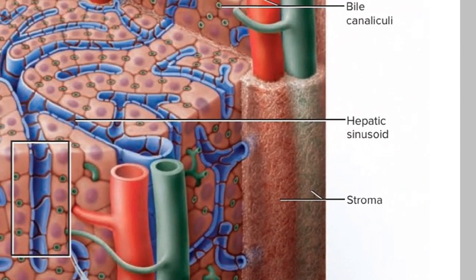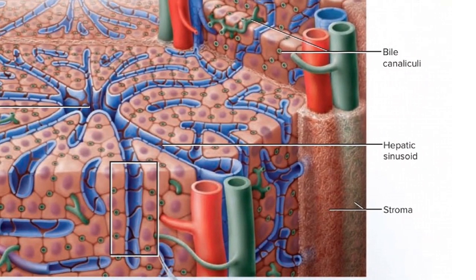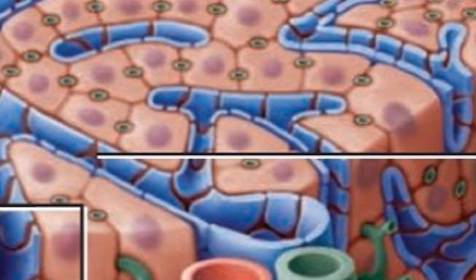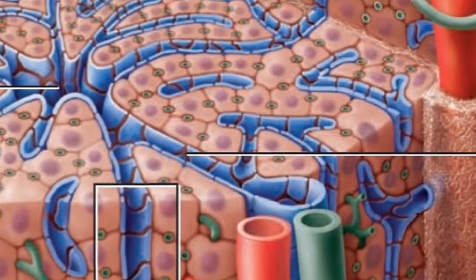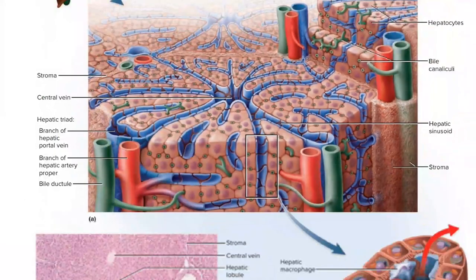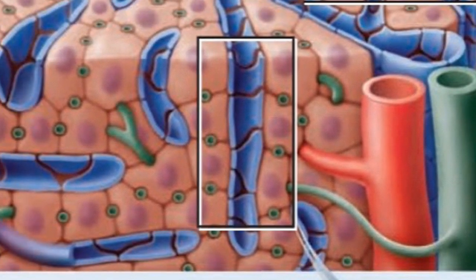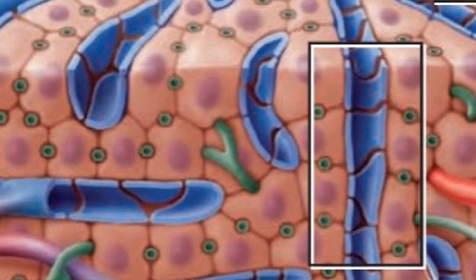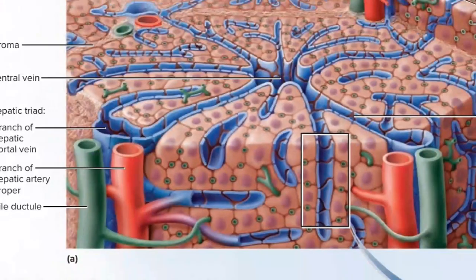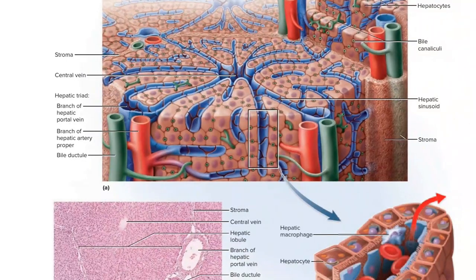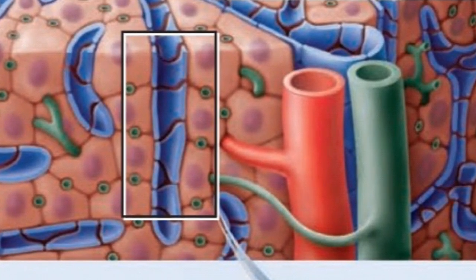In the figure, the name is written, hepatic sinusoid. All these blue colored areas are hepatic sinusoids, this one, this one, and this rectangle box is the hepatic sinusoid.